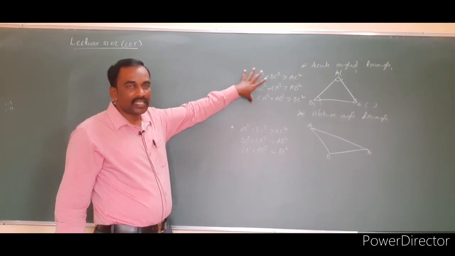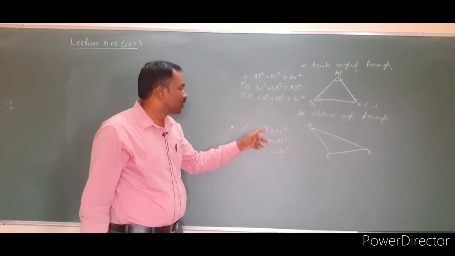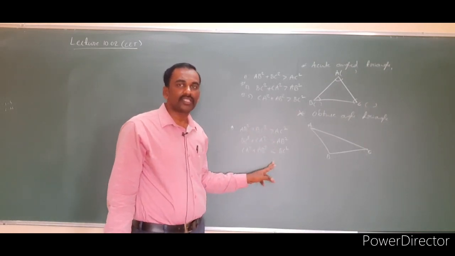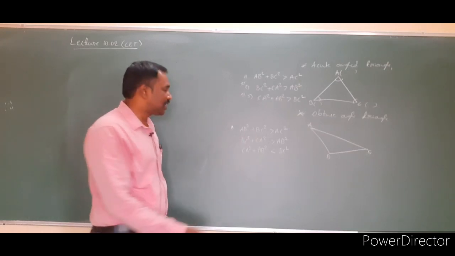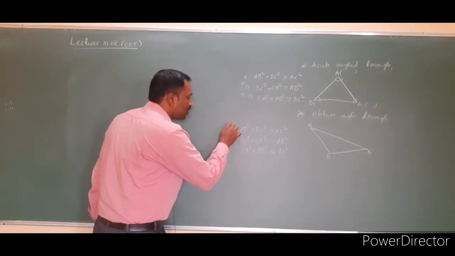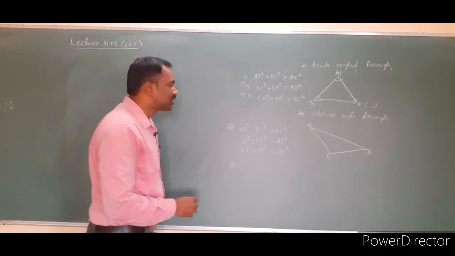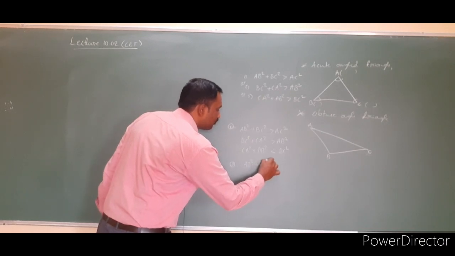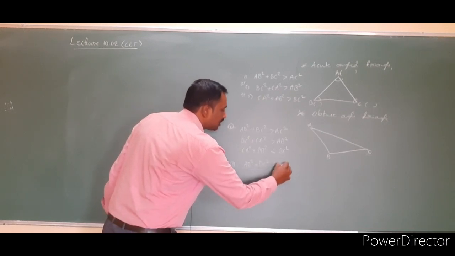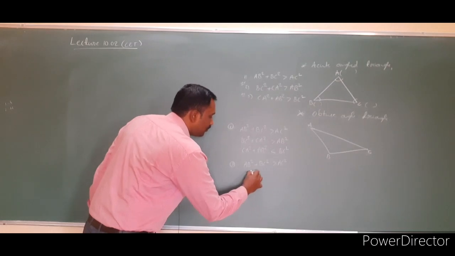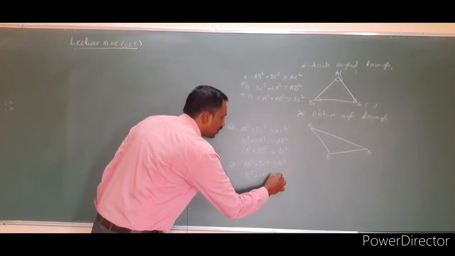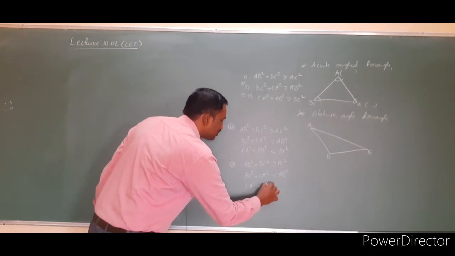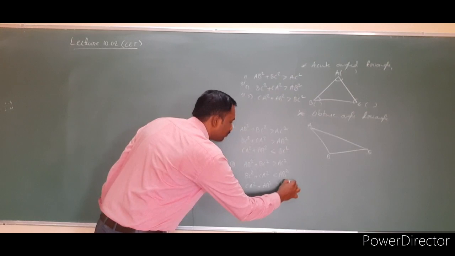Here three possibilities are there. In two places there is a greater than sign, and in one case a less than sign. This is the first possibility. The second possibility: AB square plus BC square is greater than AC square, BC square plus CA square is less than AB square, and CA square plus AB square is greater than BC square.